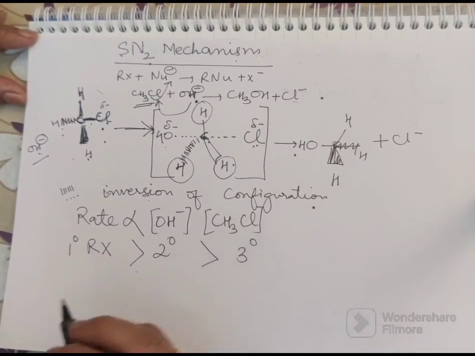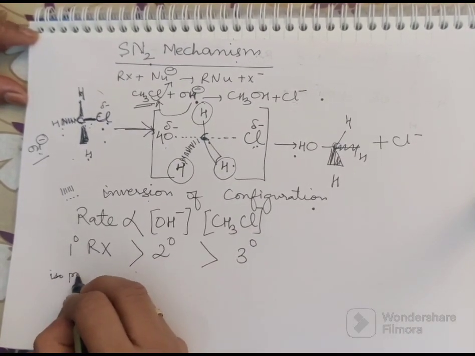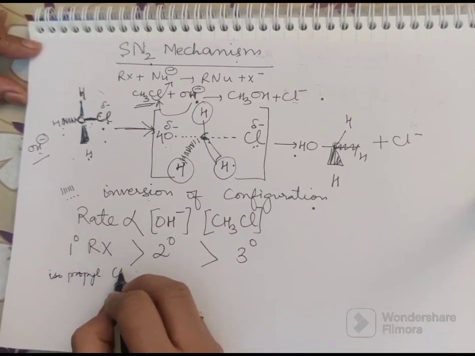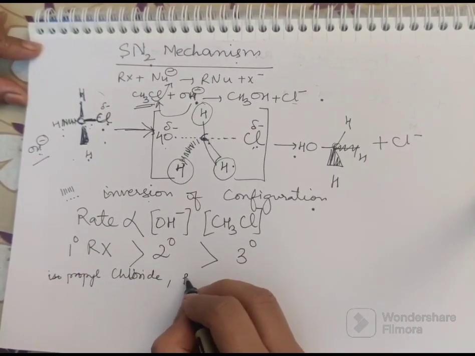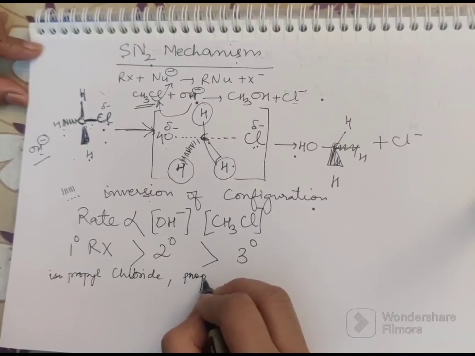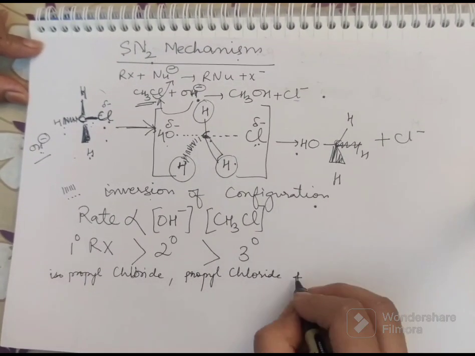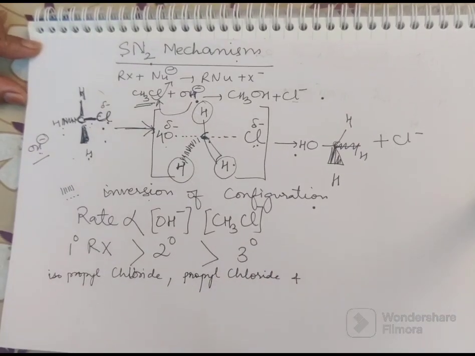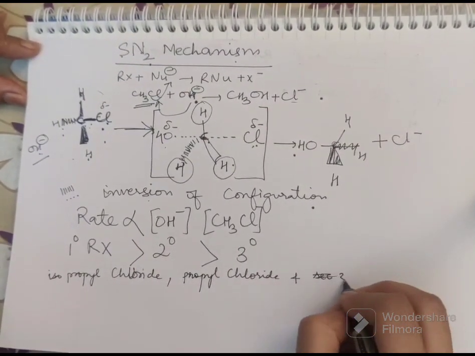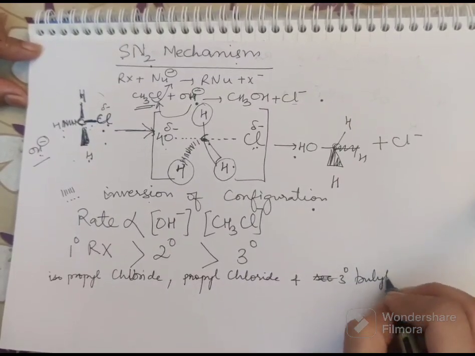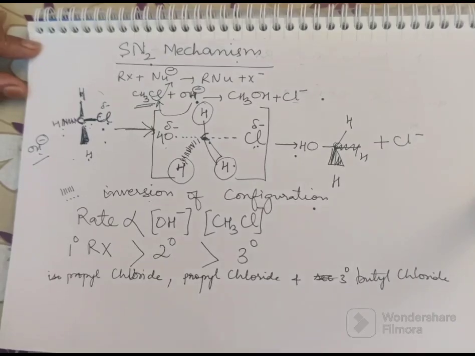So suppose if I give you a question out of isopropyl chloride, propyl chloride, and second tertiary butyl chloride, which will follow SN2 mechanism.